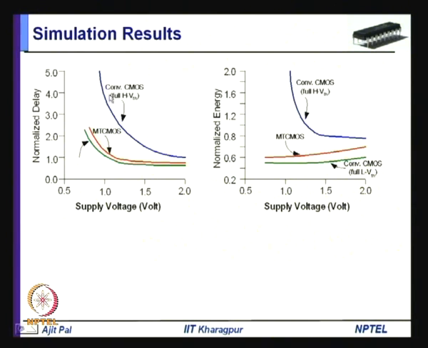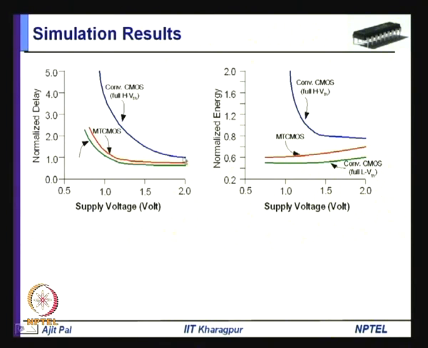The top one corresponds to conventional CMOS with full high threshold voltage. That means, when all the transistors are of high threshold voltage, maybe 0.5 volt. So, the circuit is realized by using 1 volt supply voltage. So, if 0.5 volt is the threshold voltage, this will correspond to the delay.